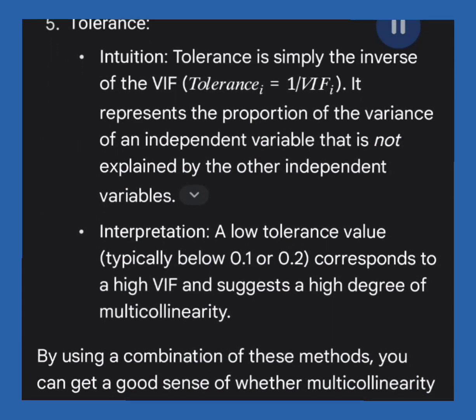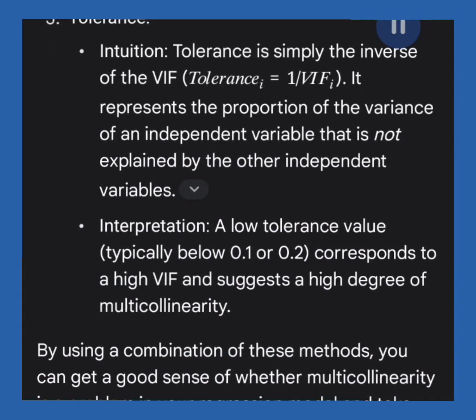Intuition: tolerance is simply the inverse of the VIF, Tolerance_i = 1/VIF_i. It represents the proportion of the variance of an independent variable that is not explained by the other independent variables.